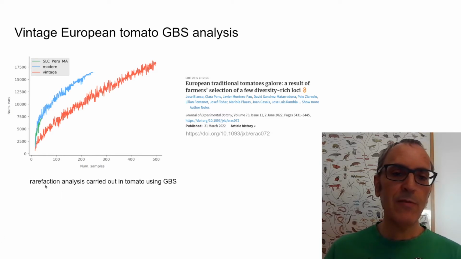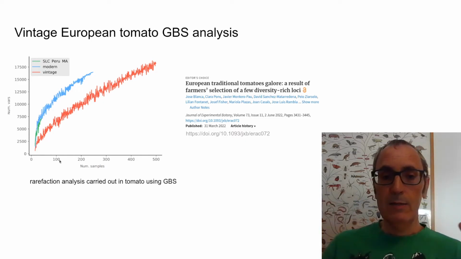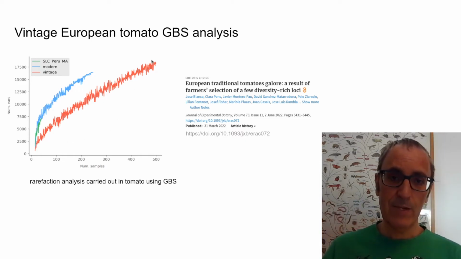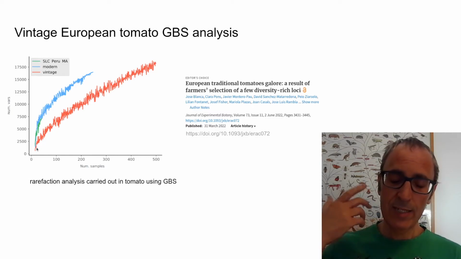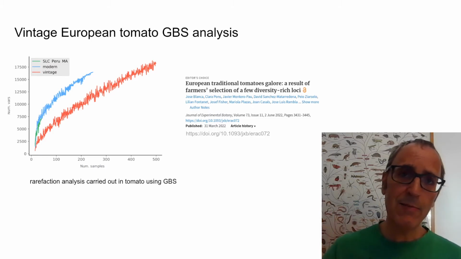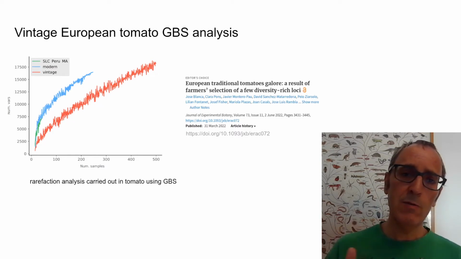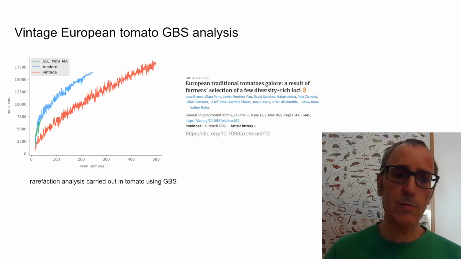This is a rarefaction analysis. Rarefaction analysis is an analysis in which you have a number of individuals. For instance, in this case, we have 500 vintage European tomatoes, but you analyze first, for instance, 10 individuals, 11 individuals, 12, 13. You go on adding individuals, and you calculate the index that you are studying for the different number of individuals chosen at random from the population.